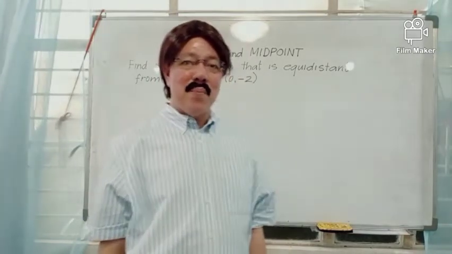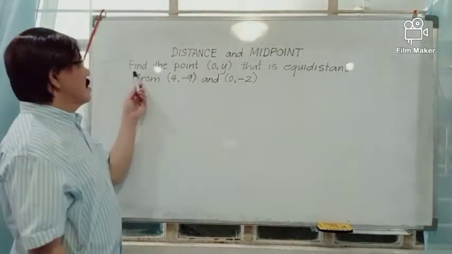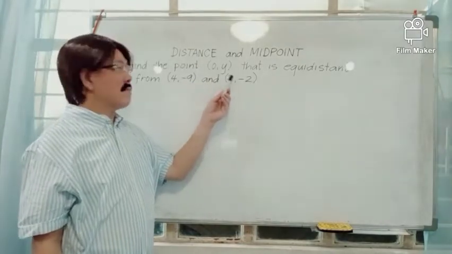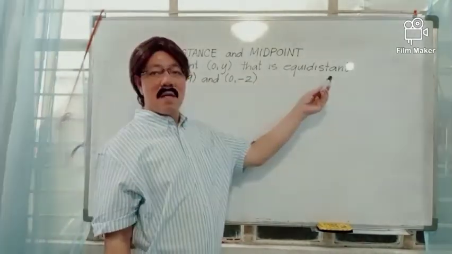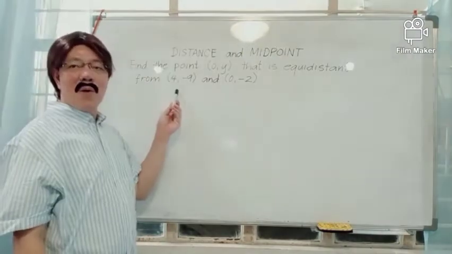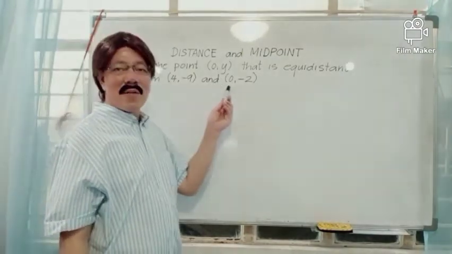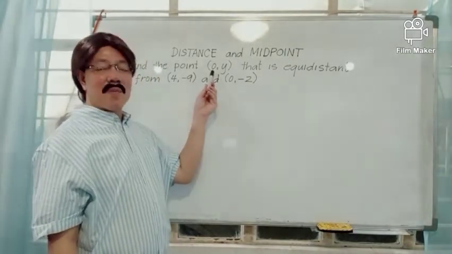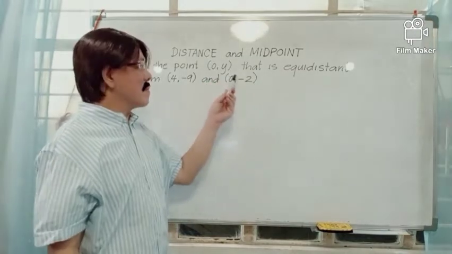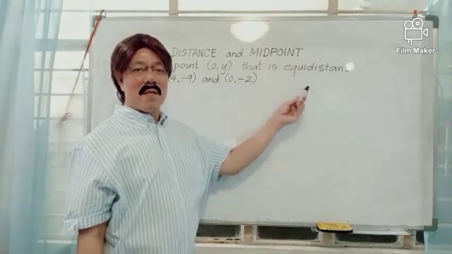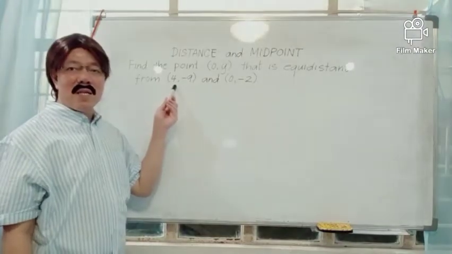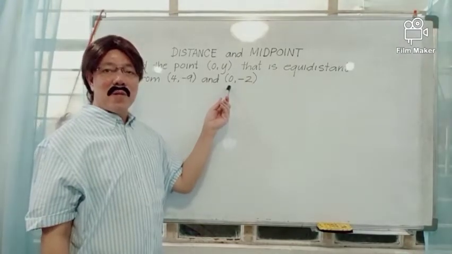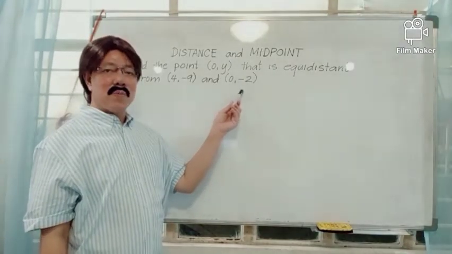Consider the following example. Find the point (0, y) that is equidistant from (4, -9) and (0, -2). We are given that this point with coordinate (0, y) has the same distance from the point with coordinates (4, -9) and from the point with coordinates (0, -2).